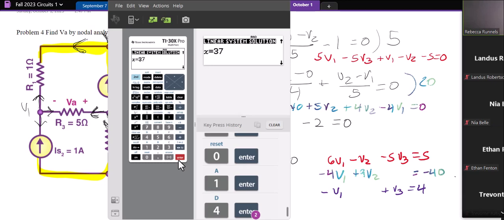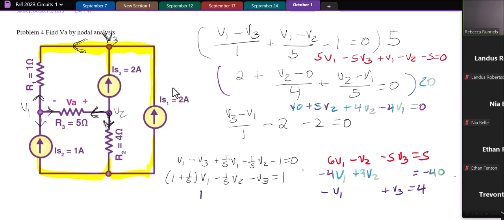and I get V1 equals 37, V2 equals 12, and V3 equals 41. So I have V1 equals 37, V2 equals 12, and V3 equals 41.